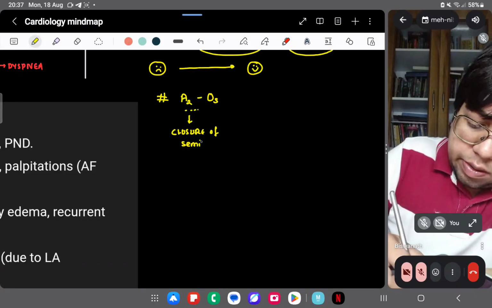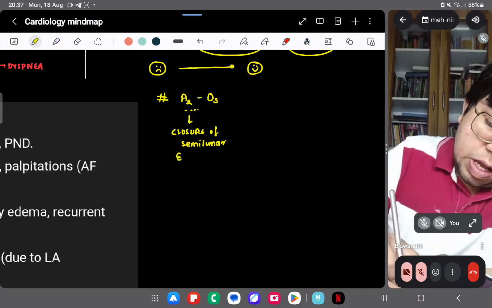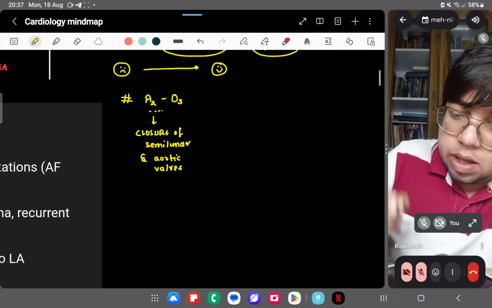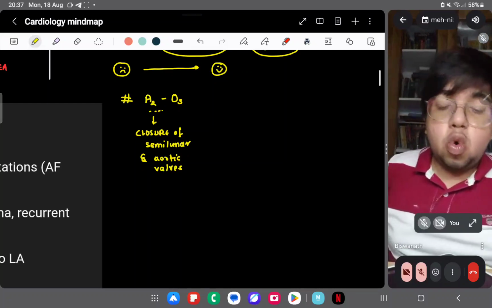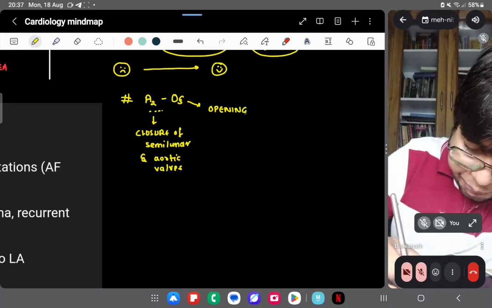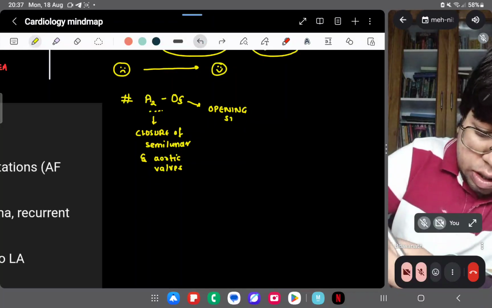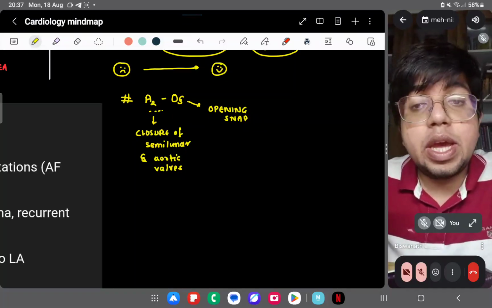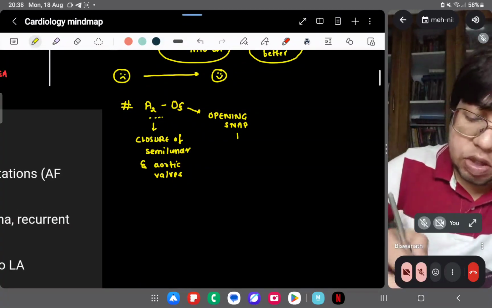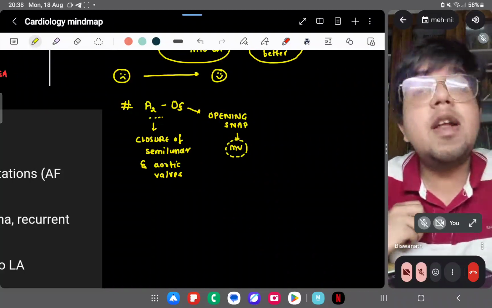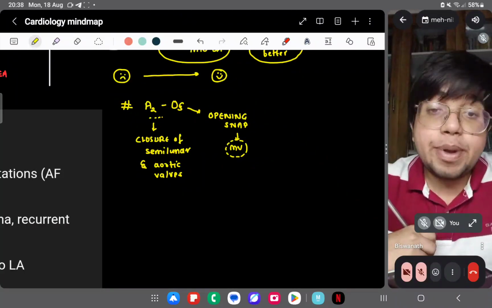This is A2. OS is basically the opening snap, and this opening snap is produced by the mitral valve. When the mitral valve opens, it produces an opening snap.